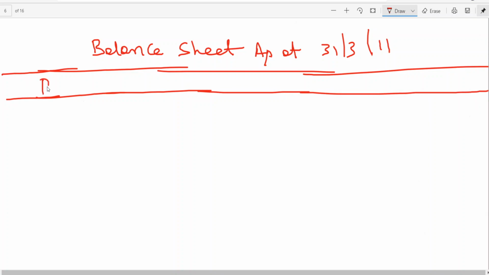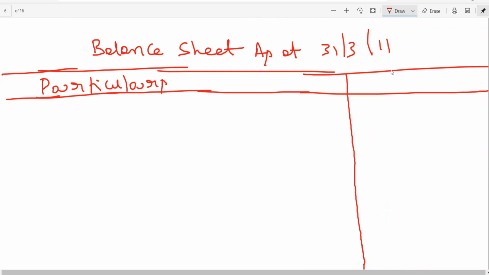Then this column is for note number, and nothing is mentioned.